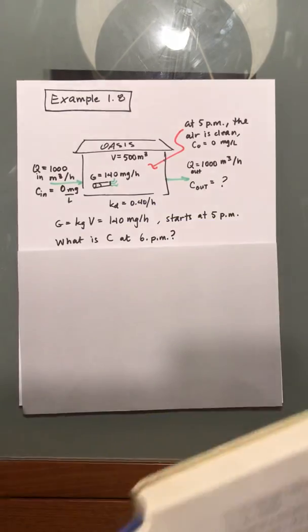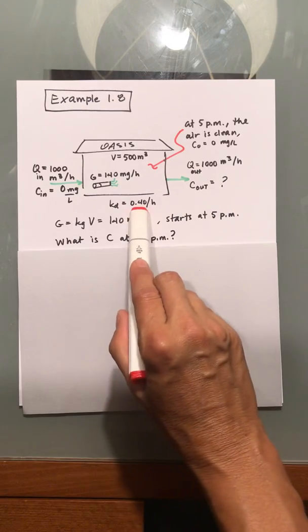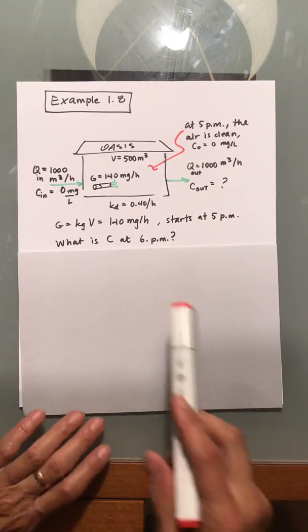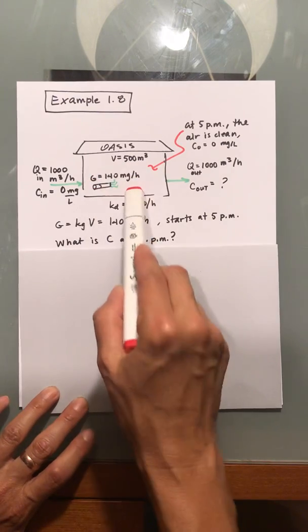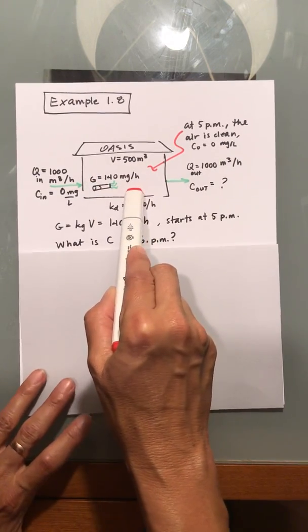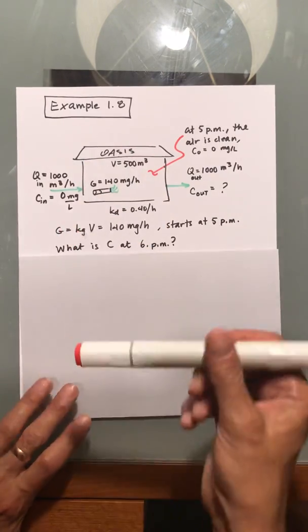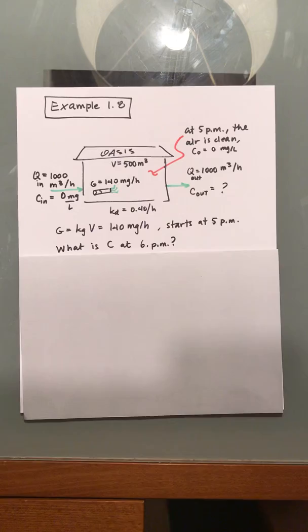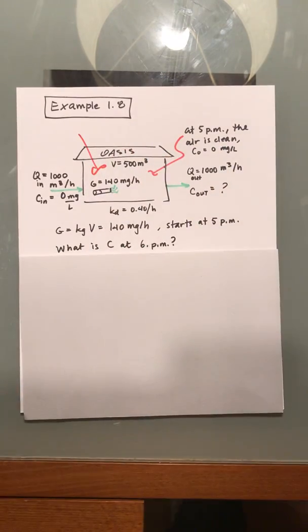We also see that formaldehyde is decaying at this rate. This term right here is really a generation term. It's a reaction term that's happening inside of this continuously stirred tank reactor model.